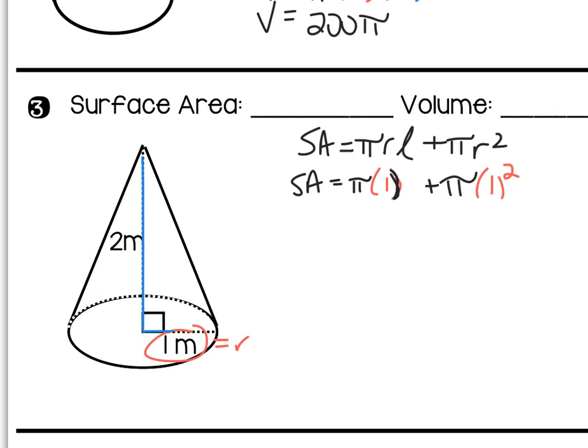So for that, look, we have a little right triangle. So how could I find my slant height? We could do a squared plus b squared equals c squared, where c is now going to be my slant height. So 4 plus 1 equals L squared. So L is going to be square root of 5.